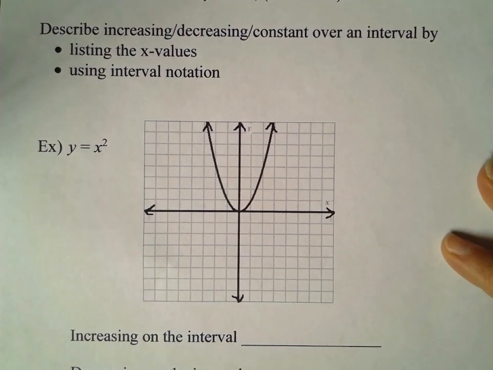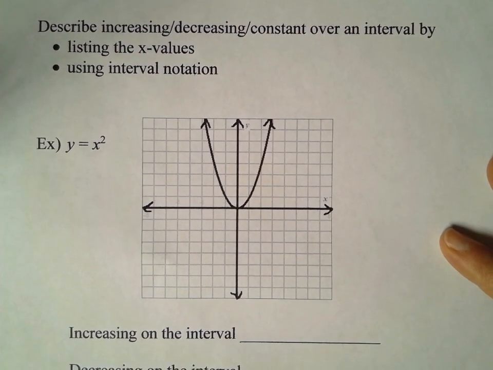Okay, so let's start with the parabola. So here's y equals x squared. Hopefully you can see that half of this graph, as we look from left to right, half of it is going up and half of it is going down. Okay, and always the places where we make a change from increasing to decreasing or to being constant, the point in the middle is the turning point.